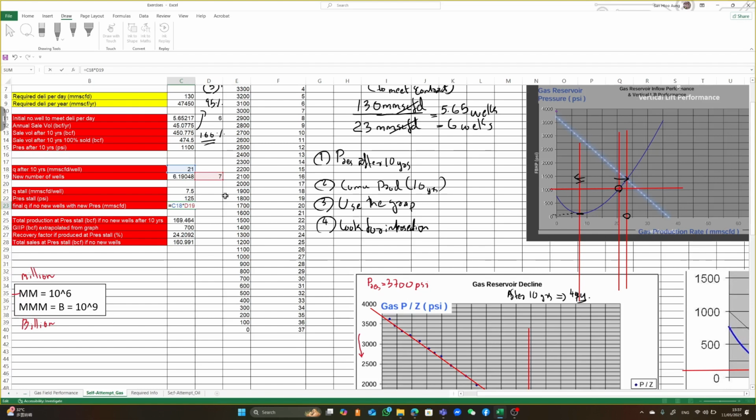It's not 365 per day, just in a day it will be 147 million standard cubic feet per day.